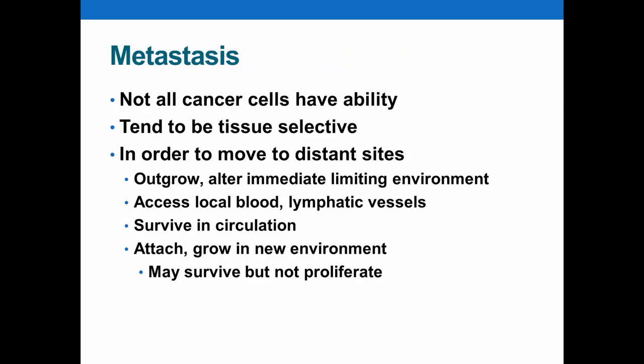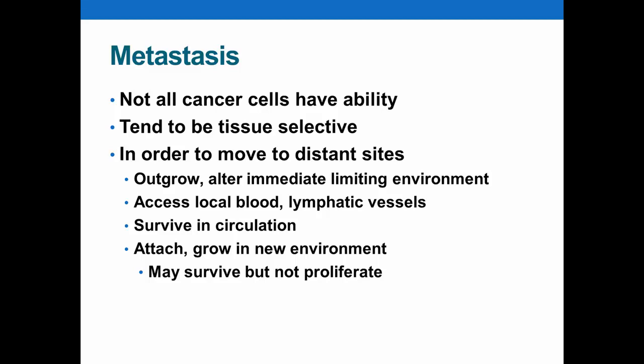The final characteristic we'll talk about is metastasis. Now, not all cancer cells have the ability to metastasize. We also know that different types of cancer have different patterns of metastasis, so they tend to be somewhat tissue selective.